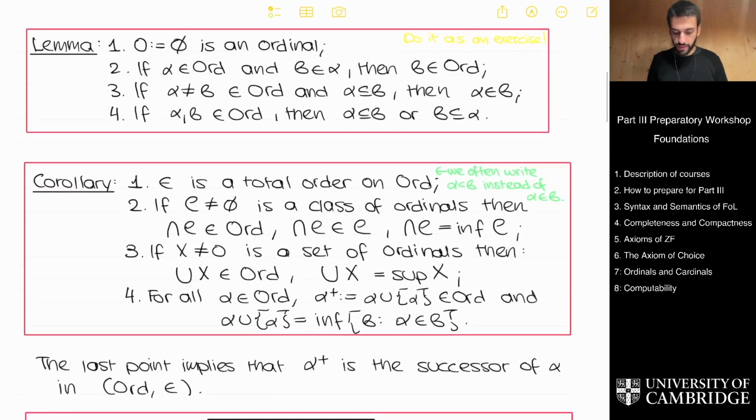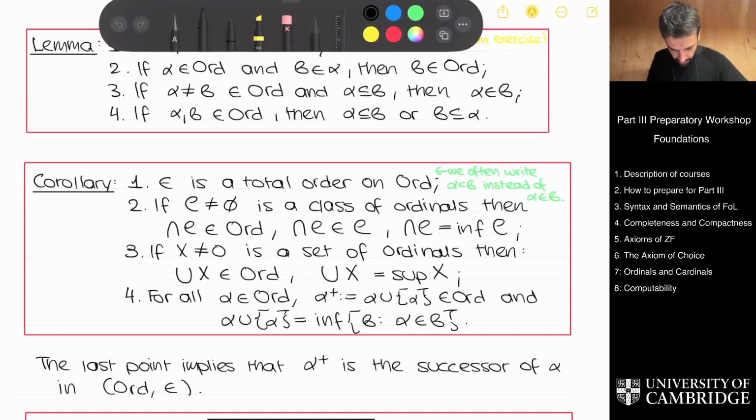Secondly, if you take a set of ordinals which is non-empty, then the union is also an ordinal. And in fact, the union is the supremum of this set. Of course, the supremum in what order? In the order defined by epsilon.